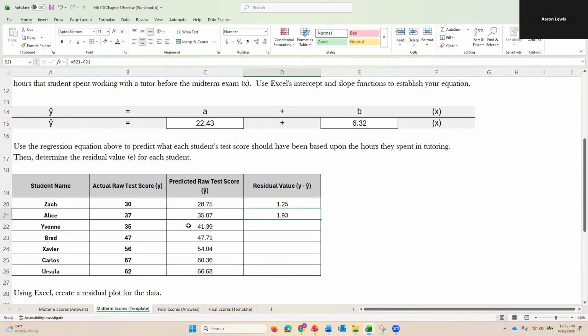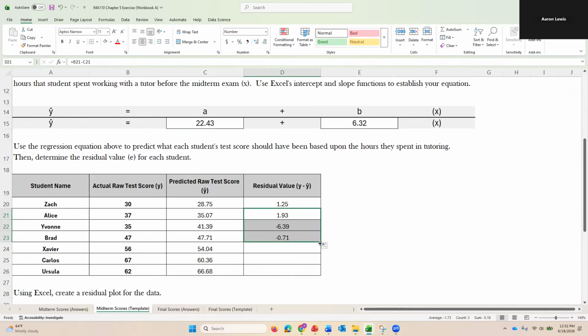And because I'm just continuing to do the same thing the whole way down the line, y minus y hat, I can fill handle for each student. Yvonne under exceeded what she should have got by 6.39 points. Brad, very close on that prediction, but our prediction had him 0.71 points higher than his actual score.